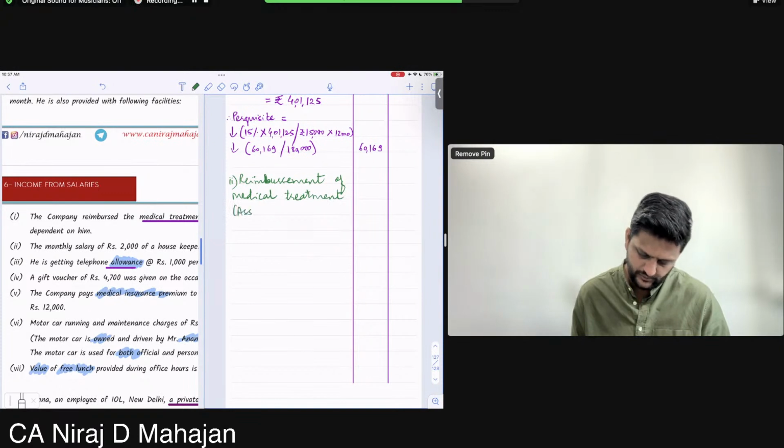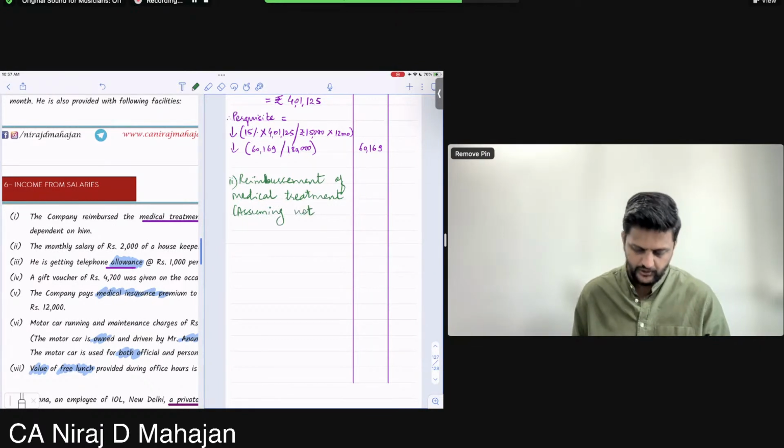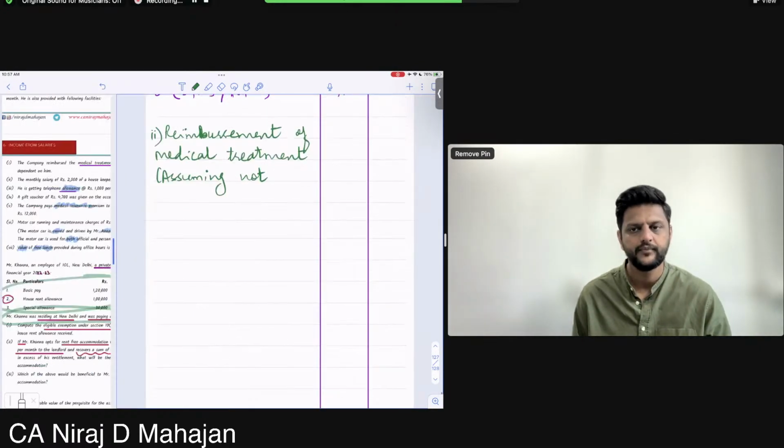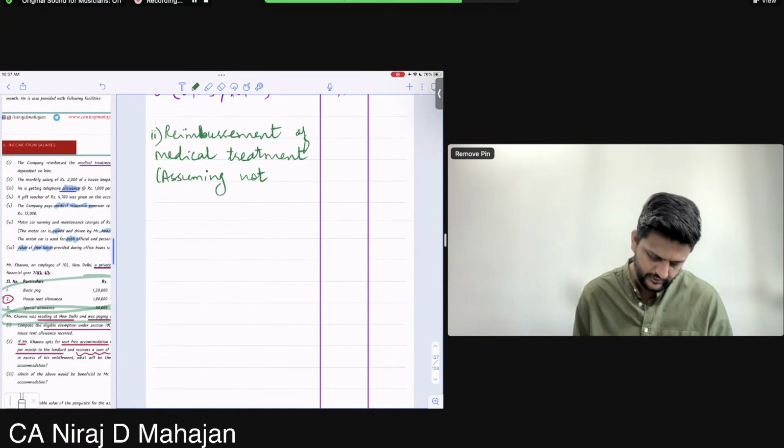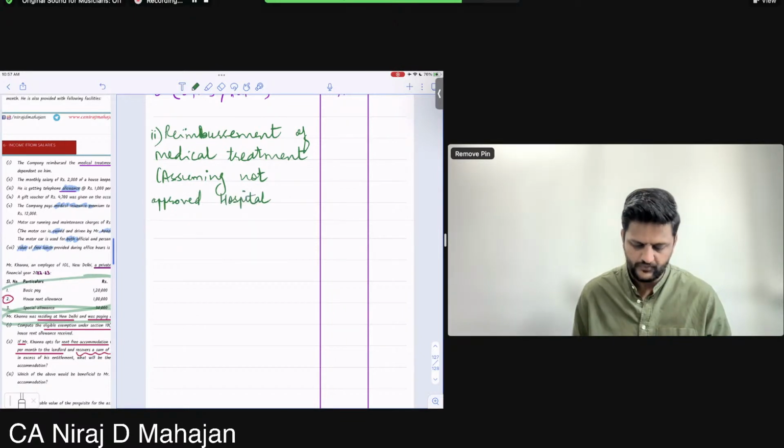So assuming not approved hospital. Approved means neither government nor any other approved. Assuming not approved hospital, therefore fully taxable.